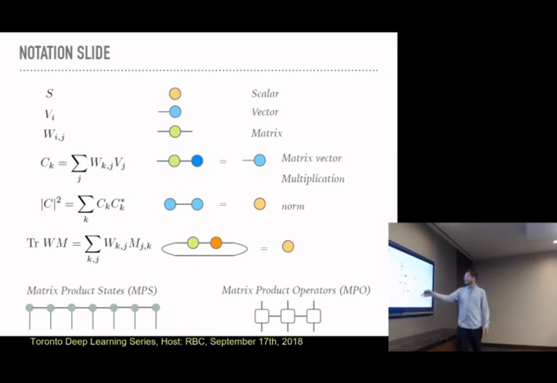And then, for instance, the trace of a matrix multiplication: you have this, which is matrix multiplication as in here, and then the trace is this part, okay? I use this notation a lot because, for instance, matrix product states are understood that way. It's very fast for linear algebra when you have lots of high-dimensional objects.